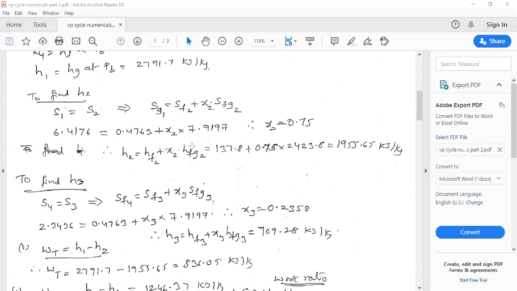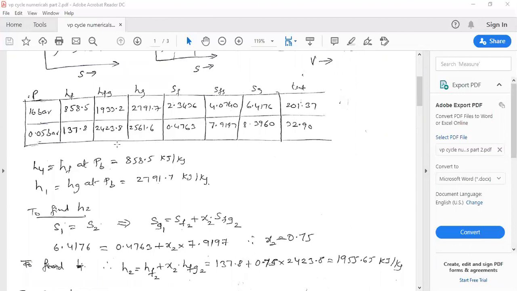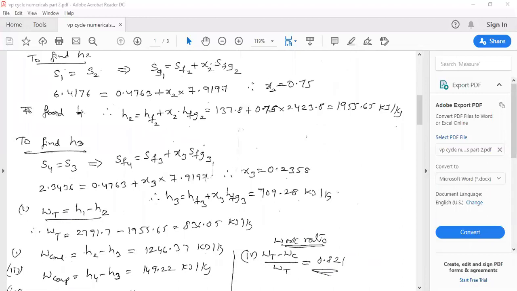What is SFG3? Again, on the condenser pressure, go to SFG. It is 7.9197. So get the value of X3. Once you get the value of X3, H3 is found as H3 is equal to HF3 plus X3 into HFG3. So get the value of H3.